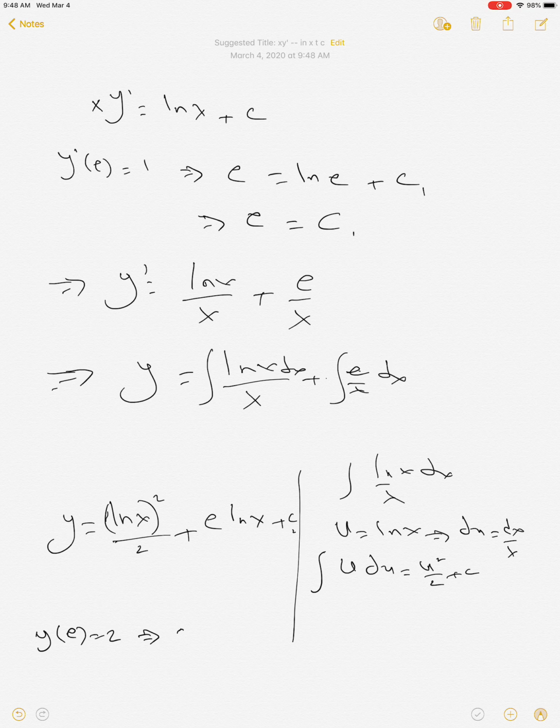This implies 2 equals, ln e is 1, so 1 over 2, plus e ln e, which is simply e, plus c2. This gives us c2 to be 2 minus half minus e, which is 3 over 2 minus e. Therefore, the final solution will be y equals (ln x) squared over 2 plus e ln x plus 3 over 2 minus e.